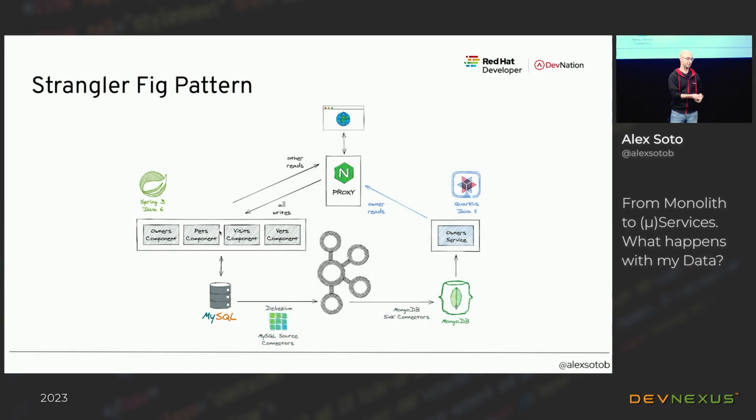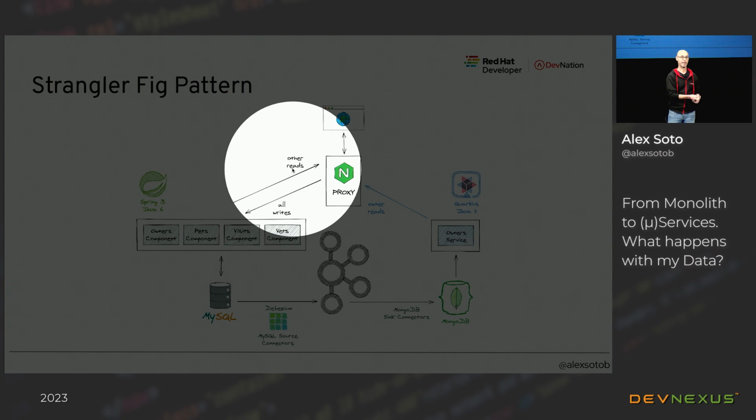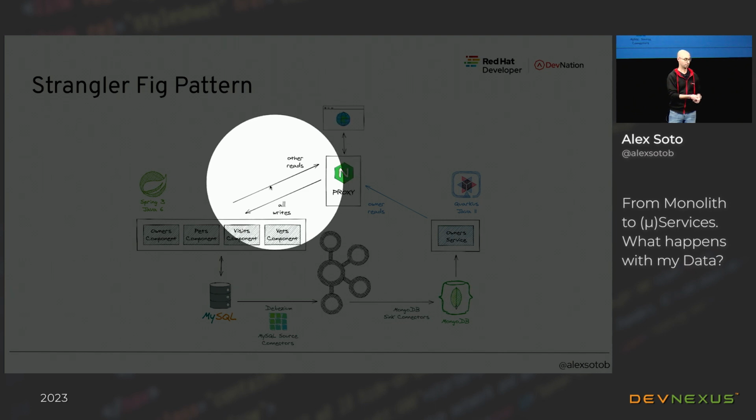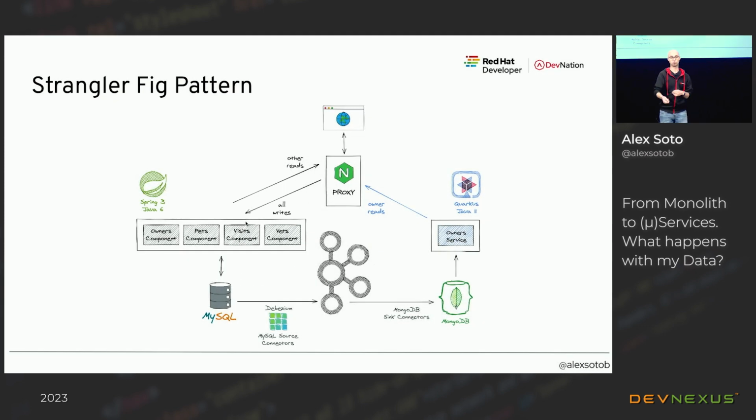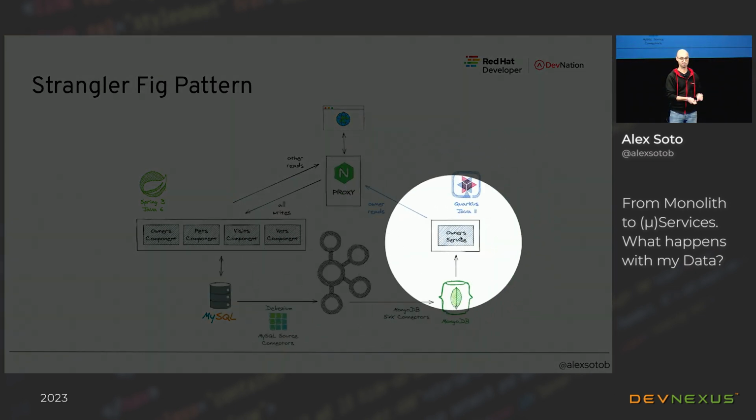When I want to read, you see here, all the reads except the owner's one go through the Monolith. Of course, if I want to get the list of pets, pets is not a service that I'm extracting, it's just in the Monolith, so I'm just redirecting the traffic to the Monolith. But when I want to read something from the owner, then I redirect to the new service.